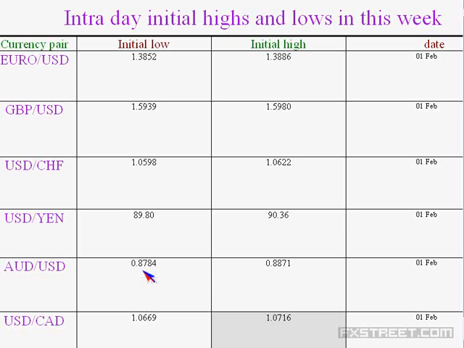Then Australian dollar, 0.8782 the low, initial high 0.8871. The low has been breached in the case of the Australian dollar. The spread is somewhat better when compared to the rest of the currencies.